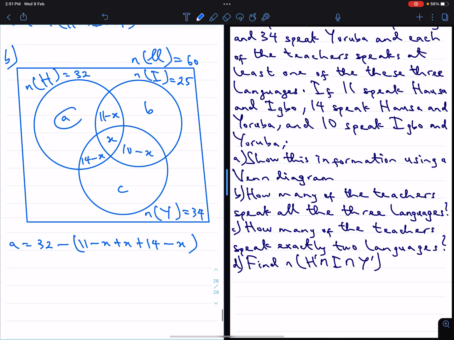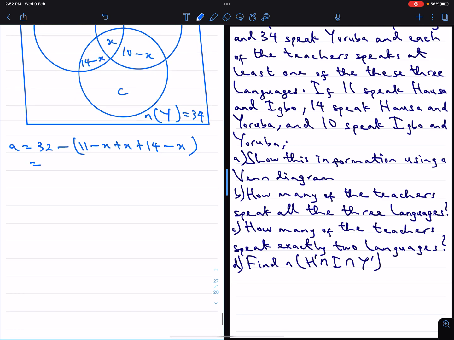Or if you like, you can say A plus 11 minus x plus 14 minus x equals 32. You're still going to get the same thing. So that means A is equal to 32 minus, x plus x is 0, 11 plus 14 is 25, and that will be 32 minus 25 minus x.